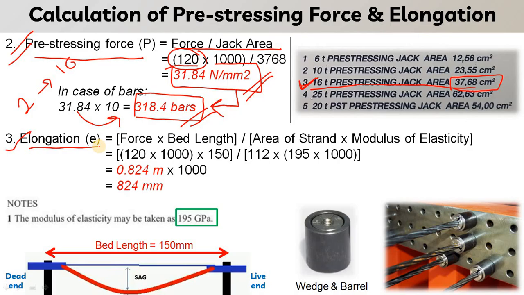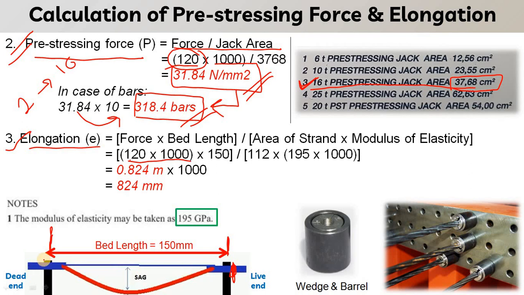Force we already know is 120 into 1000, so we have converted that force into Newton, multiplied by bed length. What is bed length? Here you can see in the figure, this is one end and this is another end, so we can also say one is dead end and one is live end. Here the wedges and barrel will be locked.